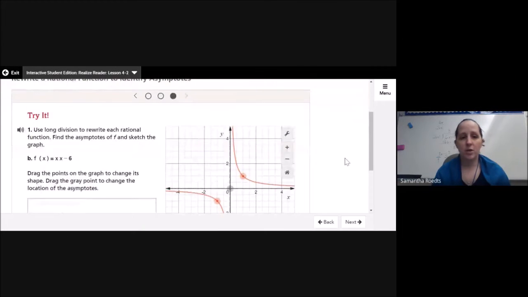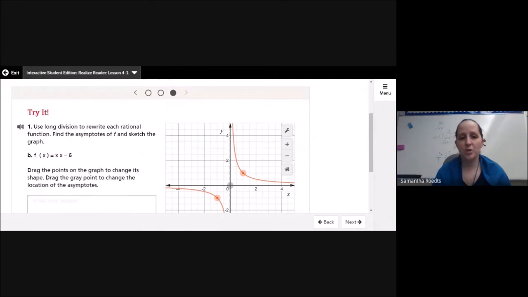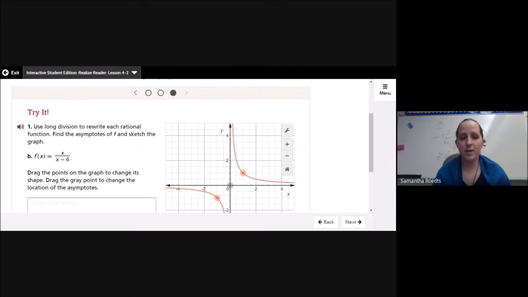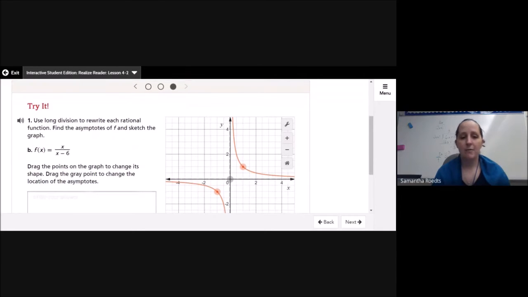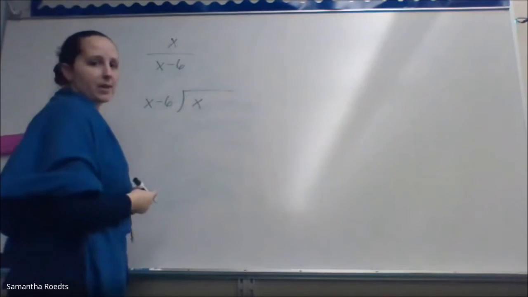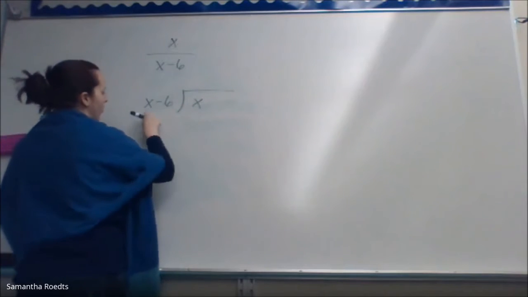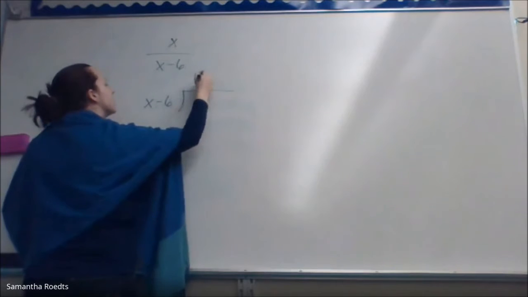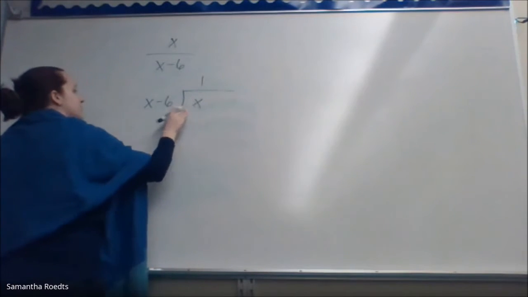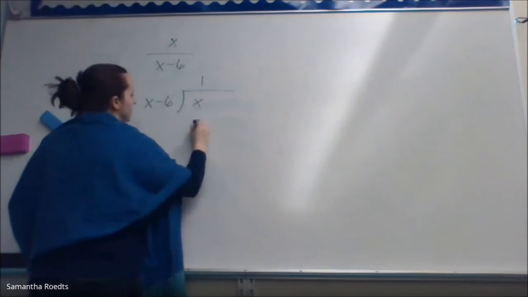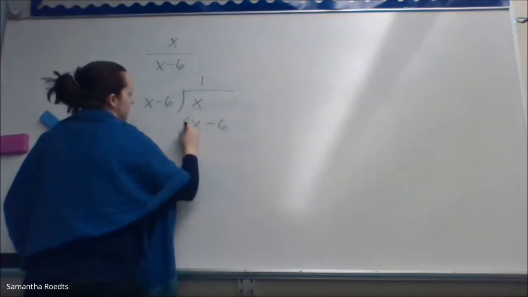All right, so I want to use long division to rewrite each rational function, find the asymptotes of f, and sketch the graph. F of x equals x divided by x minus 6. So I'm going to go ahead and graph those points. 1 times x gives me the x minus 6.